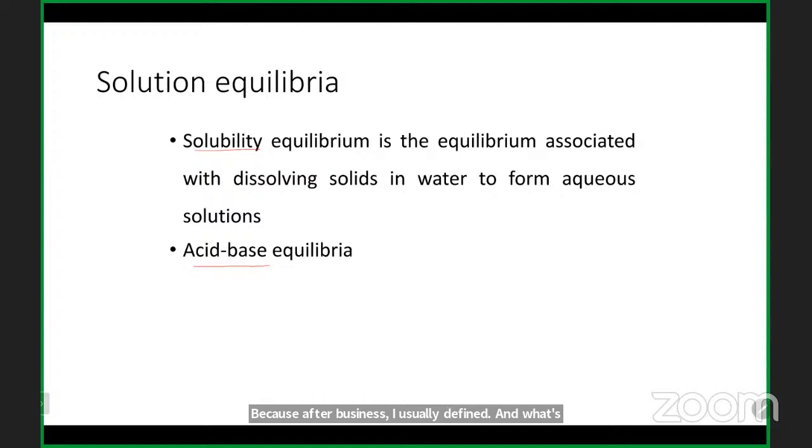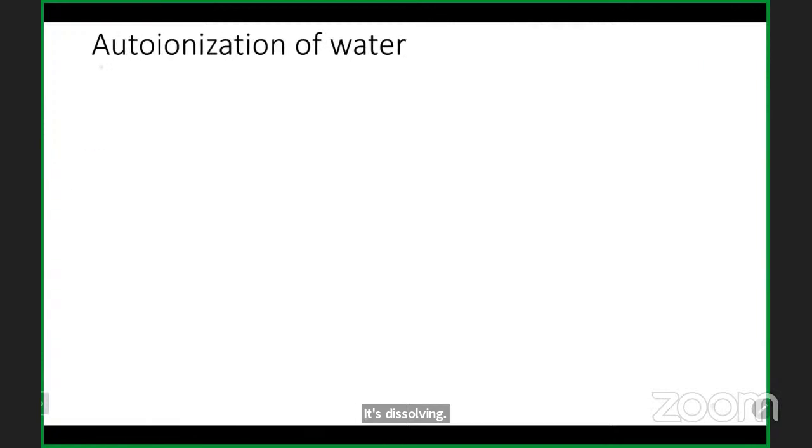Our body system is made up of about how many percent water? The blood is made up of about 70% water. So everything we're talking about, aqueous equilibrium, is dissolved in water. So let's look at self-ionization of water first before we delve into the acid-base.